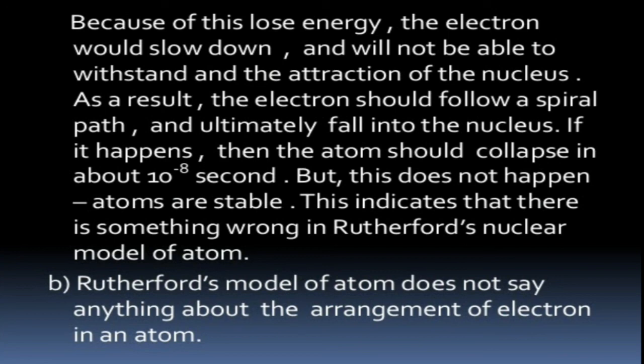So according to the Rutherford model, the atom has no stability, but it is observed that the atom is stable. Isn't it? Dalton's theory itself says that the atom is stable. So that is the main drawback of the Rutherford model: it couldn't explain the stability of the atom.